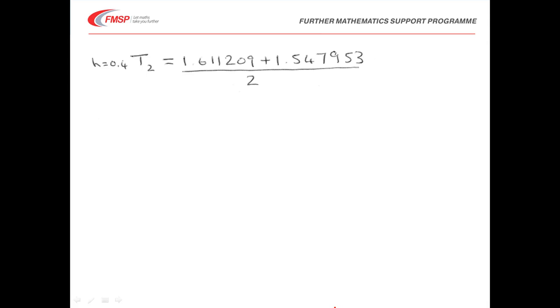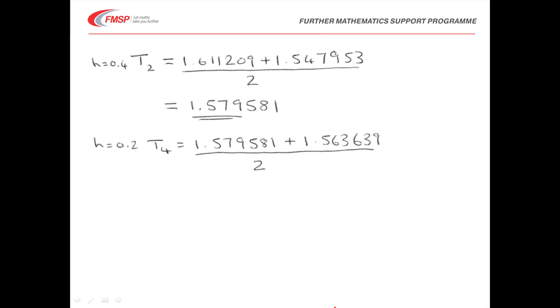There's M1 and T1 going in there over 2, and I've got T2. For h equals 0.2, T4 is going to be M2 plus T2 divided by 2, and we calculate that, and so we've got our T4 estimate, where h equals 0.2. So we've got both our estimates for the trapezium rule.